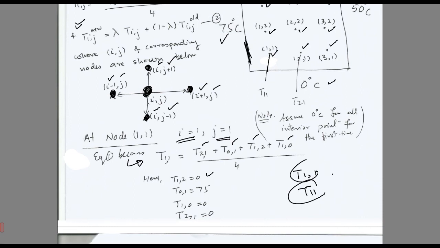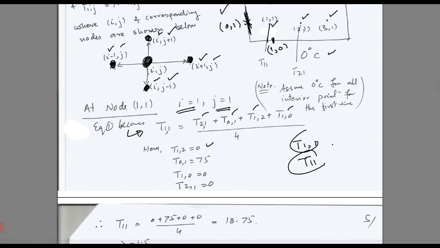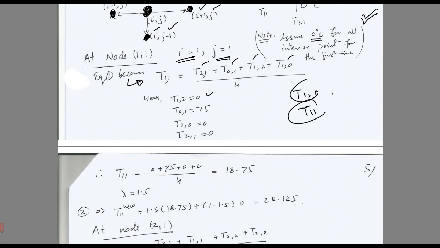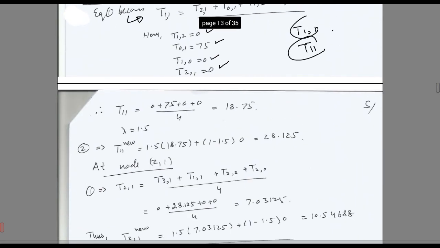Also keep in mind that we assume all interior points are at 0 degrees centigrade for the first time, the starting point. So we substitute T12 as 0, T01 is 75, T10 is 0, T21 is 0.